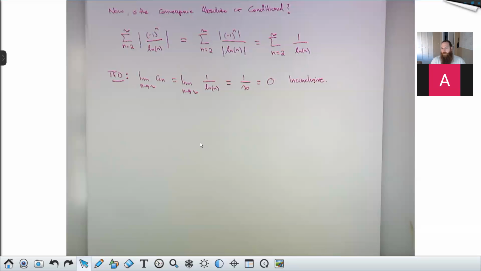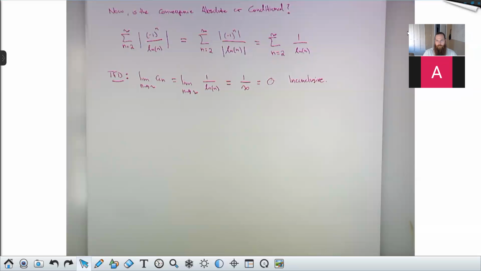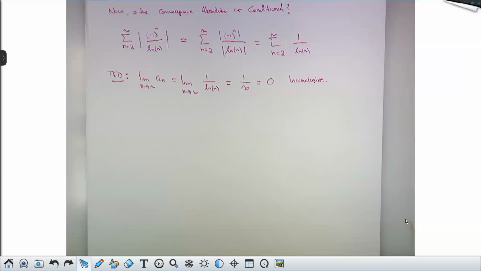So what's our gut feeling? Do we think 1 over the natural log of n summed from 2 to infinity converges? I'd love to just take a vote here. Give me a thumbs up react if you think that this series is most likely to converge. Guesses are fine. So we got a few folks.